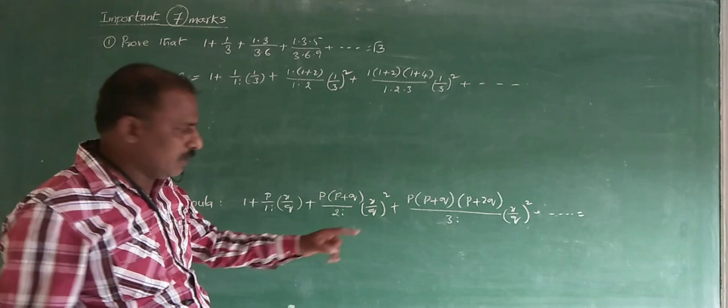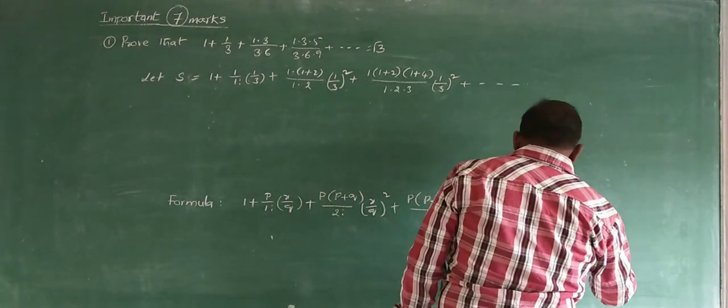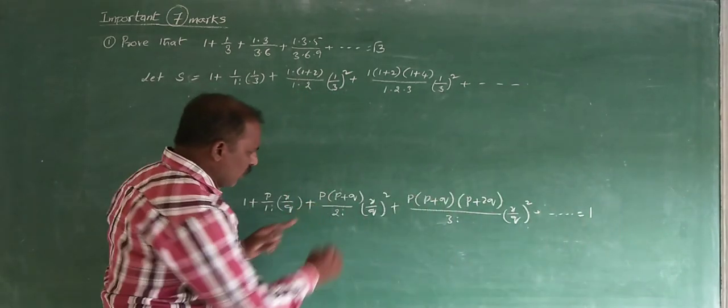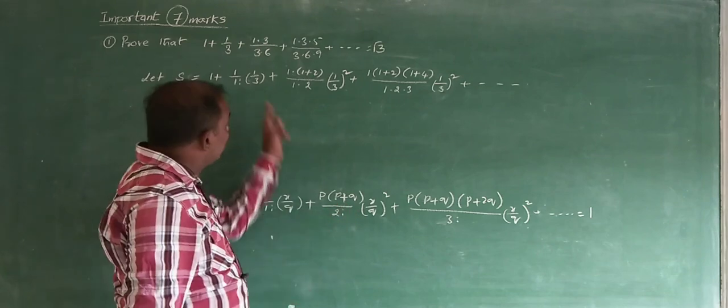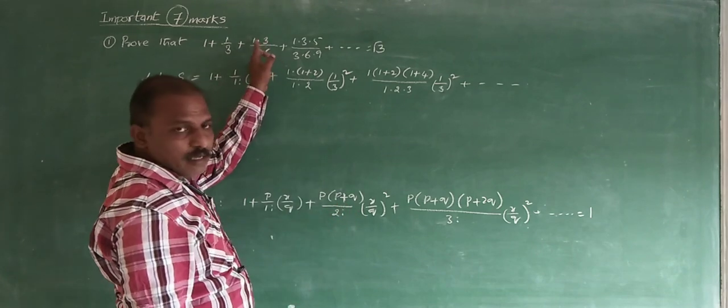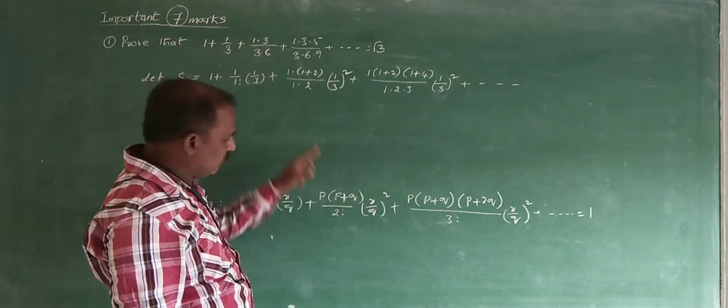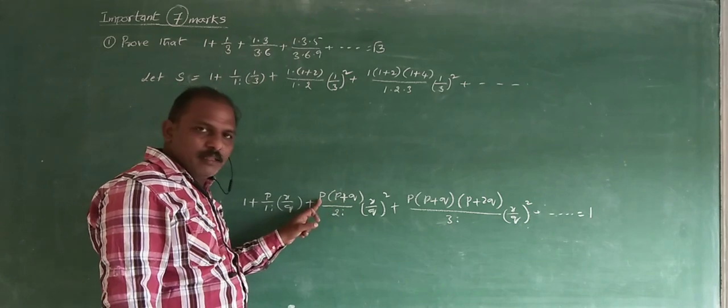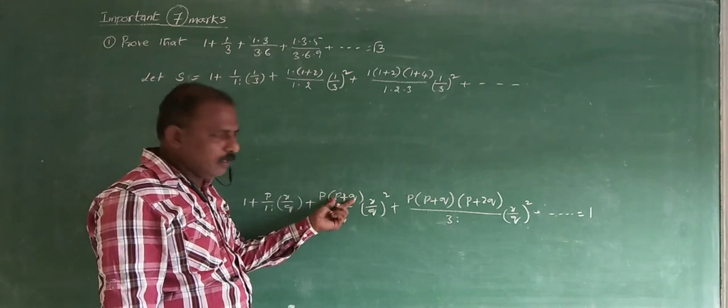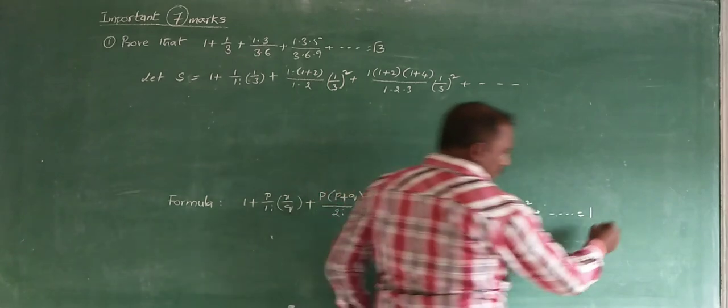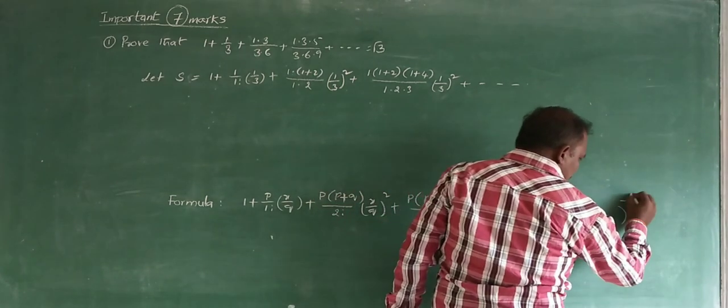With the formula of this, look here. What did you get? P plus q. P plus q is greater than p, so the power must be negative. The power must be minus p by q.